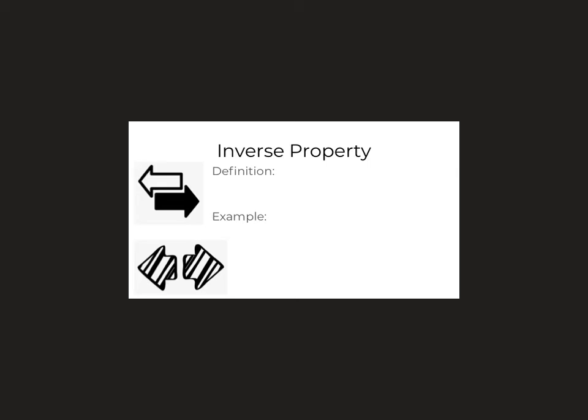Next we have the inverse property, and that is just using opposites to quote unquote cancel a value. We call it canceling a lot of times.